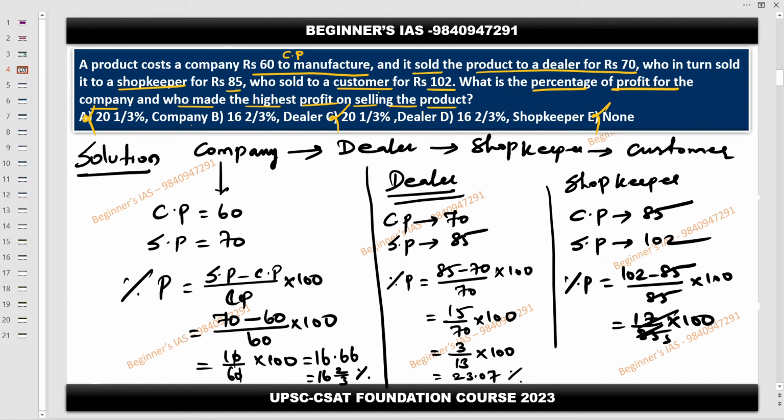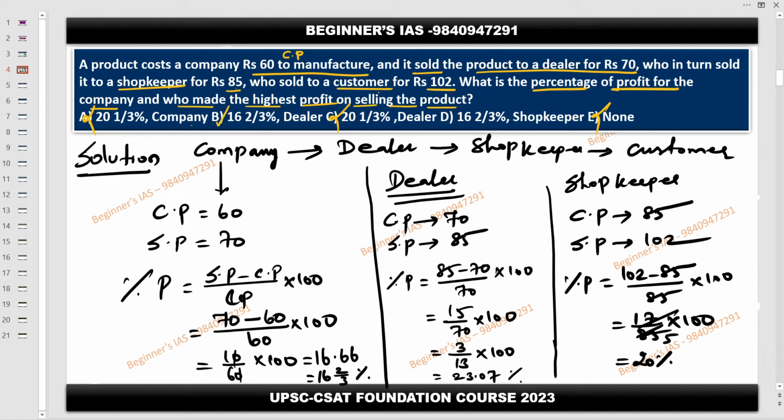So here, 5 times, 1 by 5, so 1 by 5 is nothing but 20%. So therefore 20%. Now whose percentage is more, dealer's percentage or shopkeeper's? The dealer's percentage is more, therefore the dealer attains the highest profit on selling that product. So the answer for this question is option B.